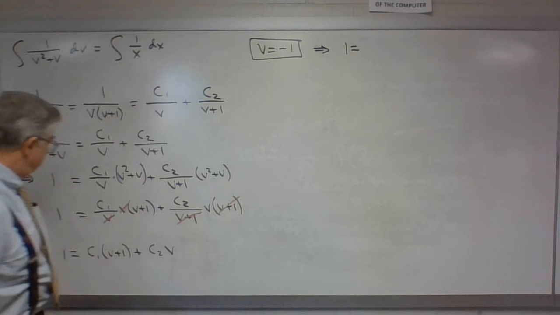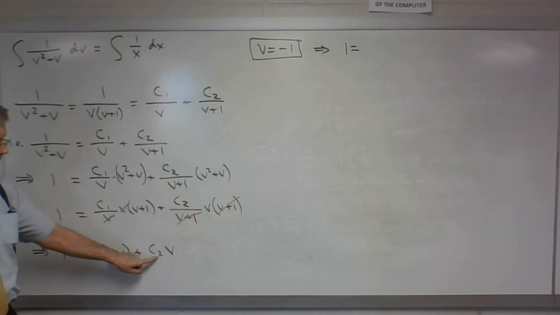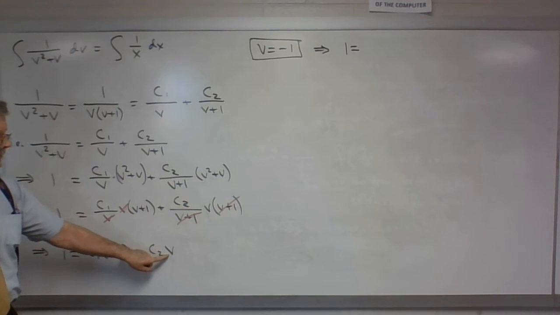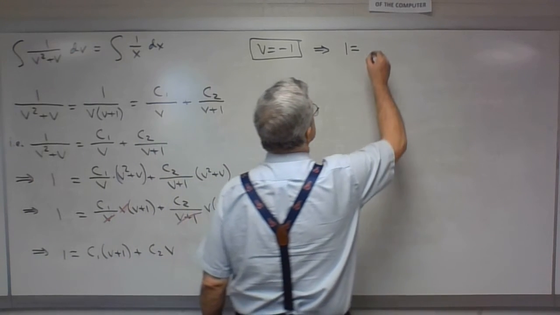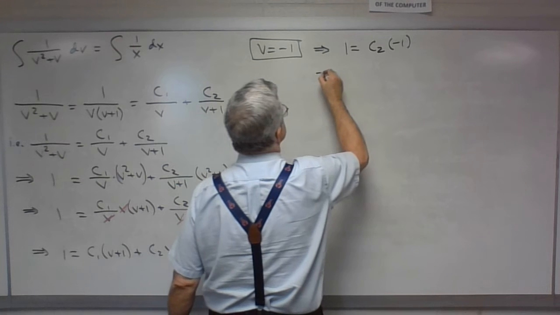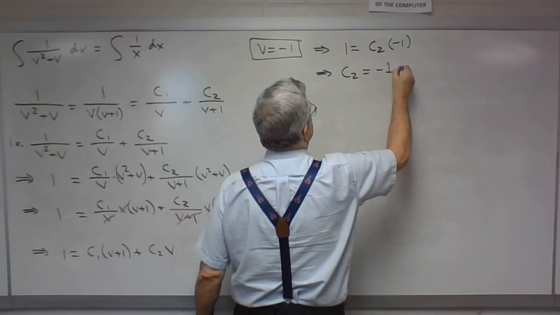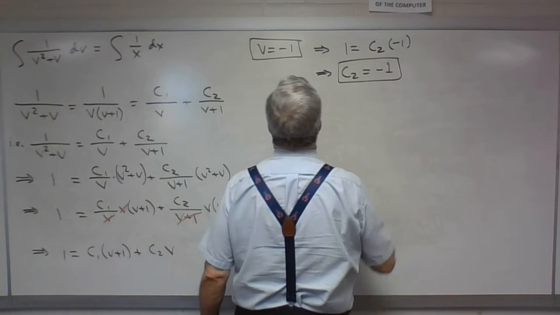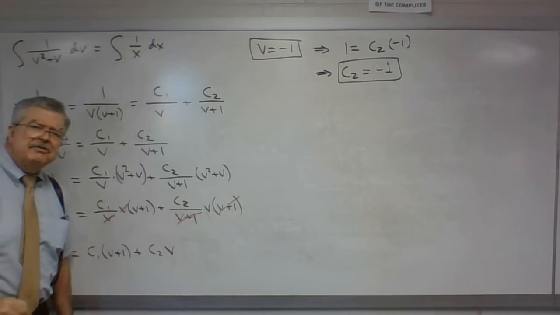When V is equal to -1, we have 1 on the left side, 0, plus C2 times V, where V is -1. So C2 is -1. Well, that was easy.